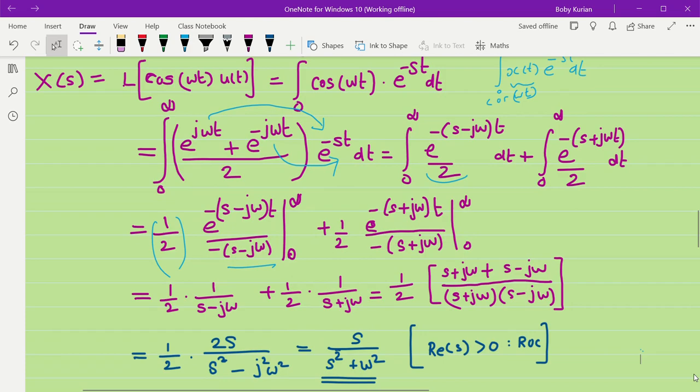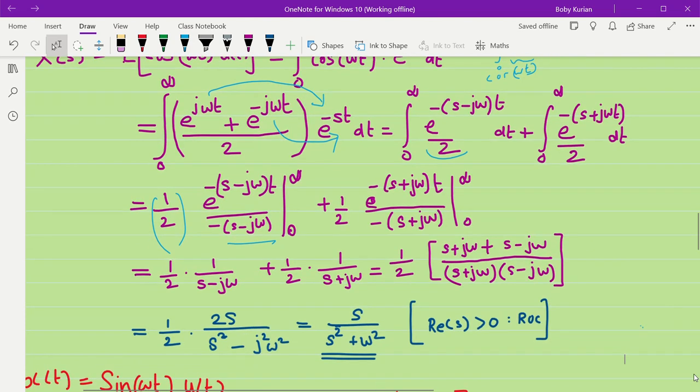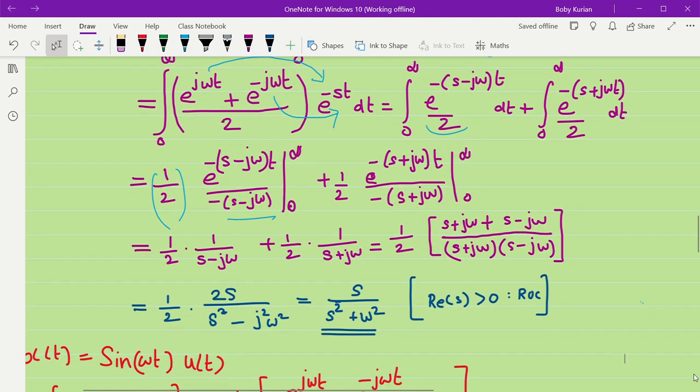When we apply the upper limit, that will become 0, and when we apply the lower limit, that is equal to 1.